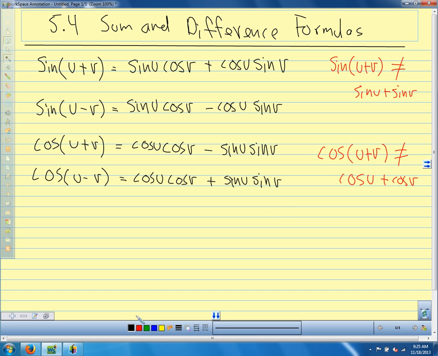And then our tangent formulas for the sums and differences, we can use sine u plus v over cosine u plus v and simplify. It takes a fair amount of work. Same thing for the difference formula. So our tangent sum and difference formulas. Tangent of u plus v is tangent u plus tangent v divided by 1 minus tangent u times tangent v.